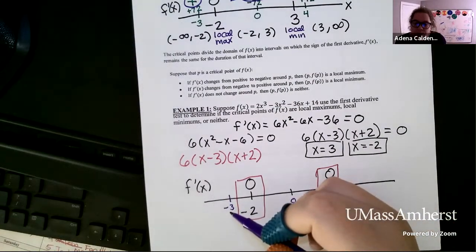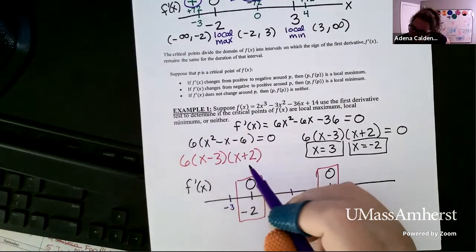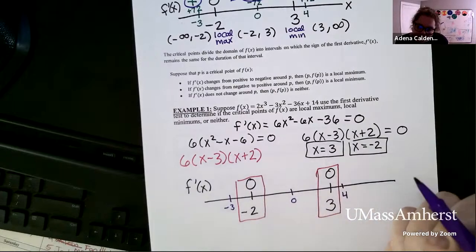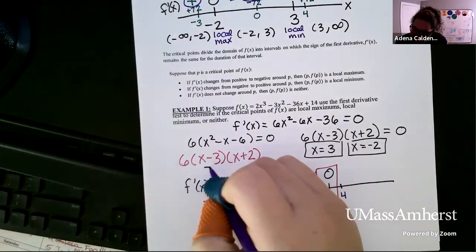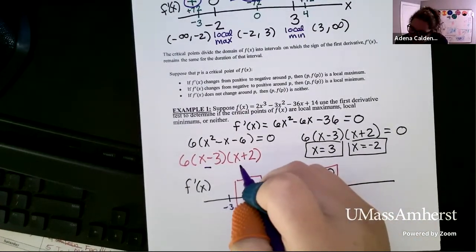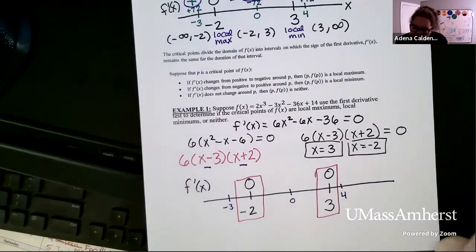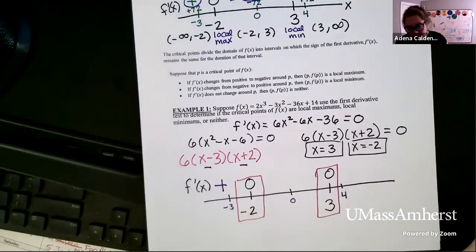So for -3, I can look at the factored version and think about whether or not each factor will be positive or negative. So -3 minus 3 is -6. So that's negative. -3 plus 2 is -1. So that's negative. So negative times negative is positive. So I can reason through like that.